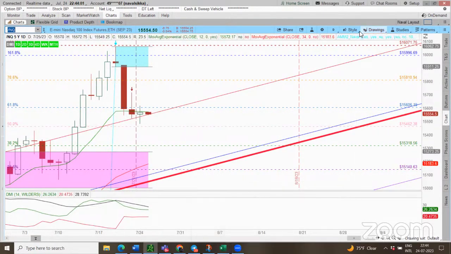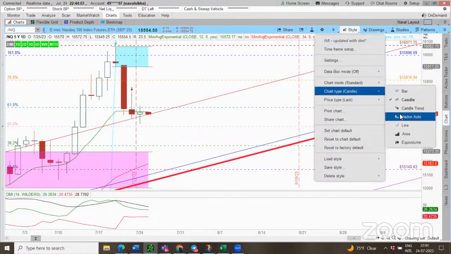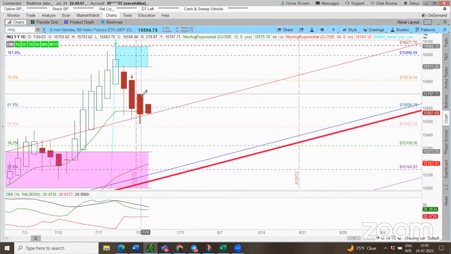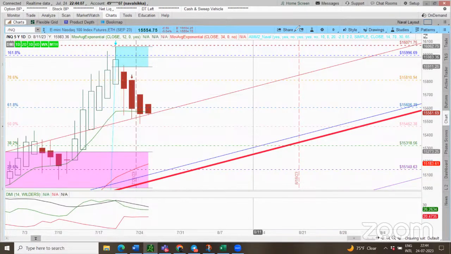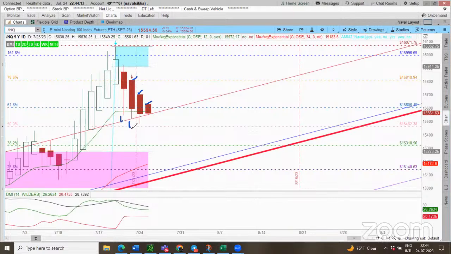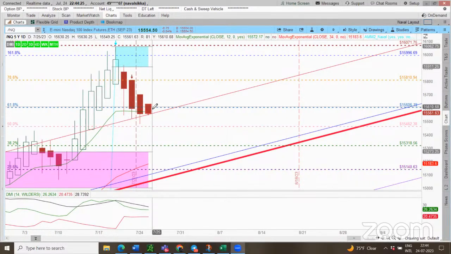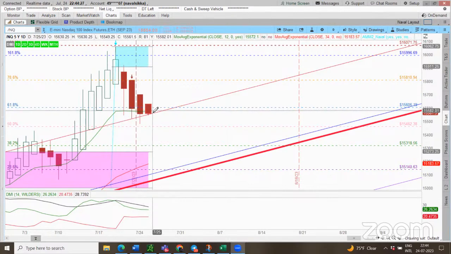If we convert this into Heikin-Ashi, it's making a flat top and a lower low. So the trend is negative. Relative to ES, NQ is showing weakness and flat tops, so the trend is negative and we should respect that.